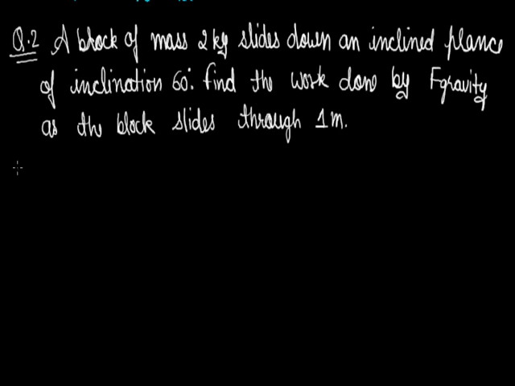Solution is, as given in the question, here is an inclined plane with inclination 60° and a block is sliding on it. We have to find the work done by the force of gravity when the block slides through 1 meter distance.